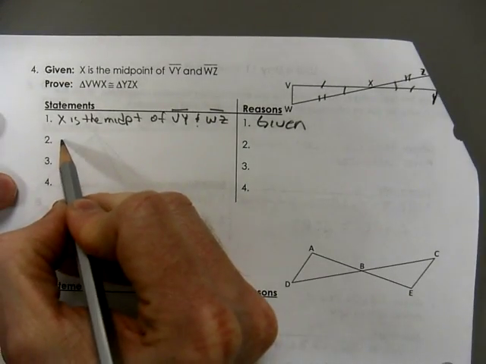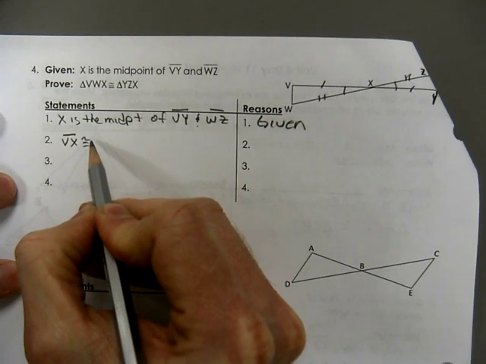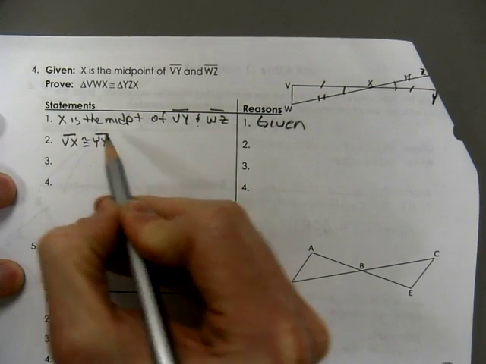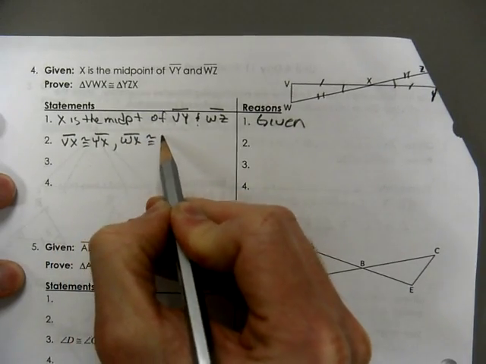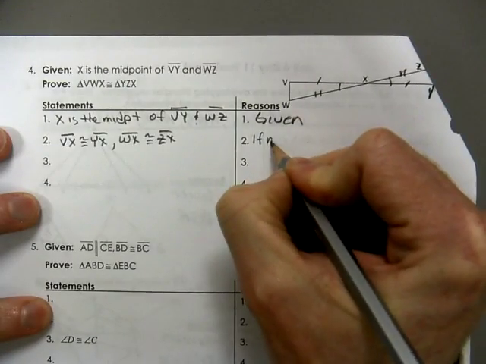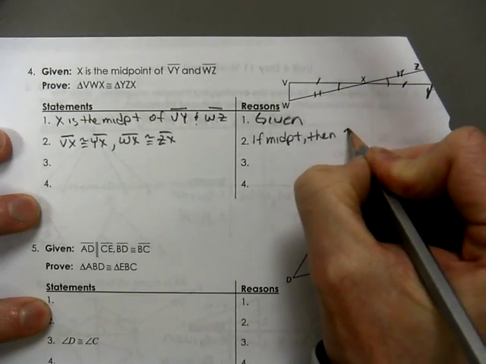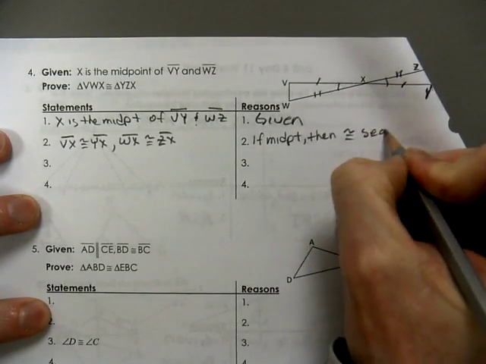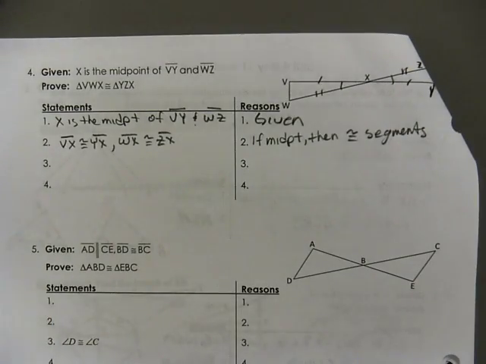So we now have to go in here and say that VX is congruent to YX and that WX is congruent to ZX. If midpoint, then congruent segments. The midpoint tells you that you have 2 segments that are congruent.